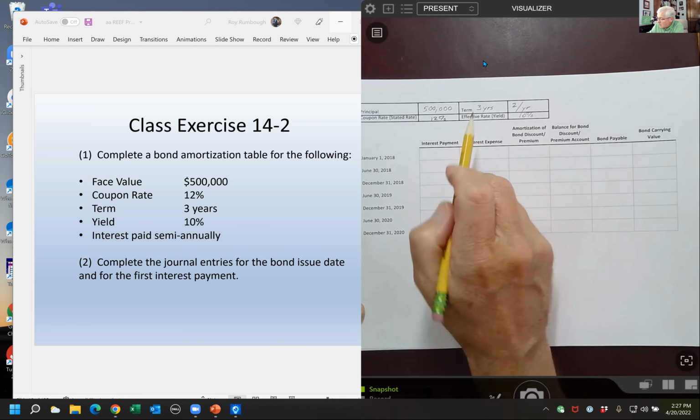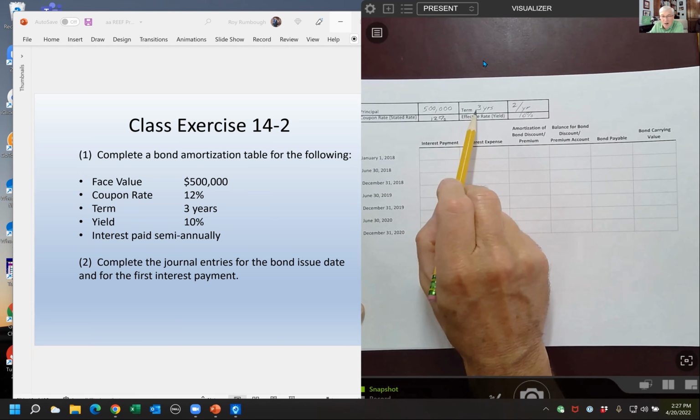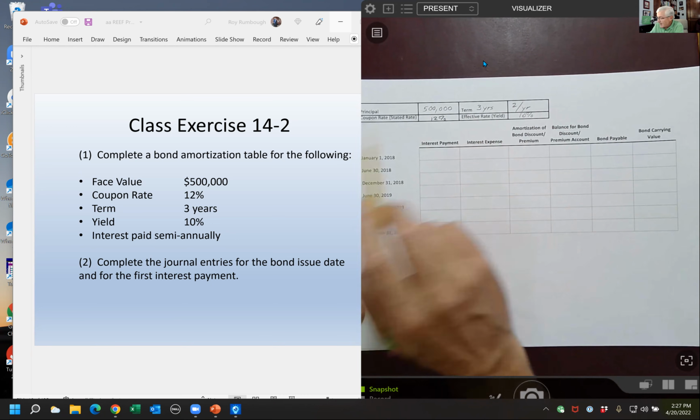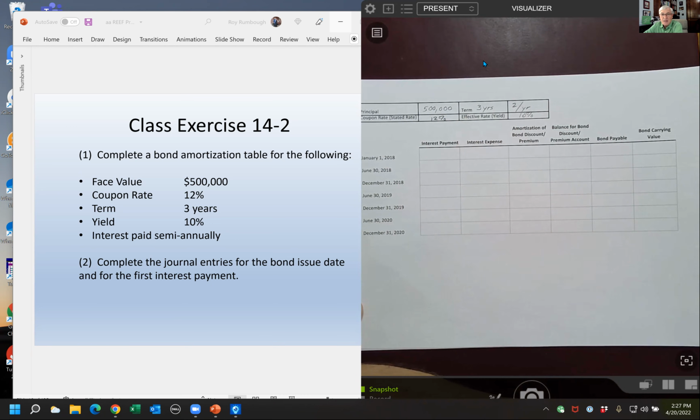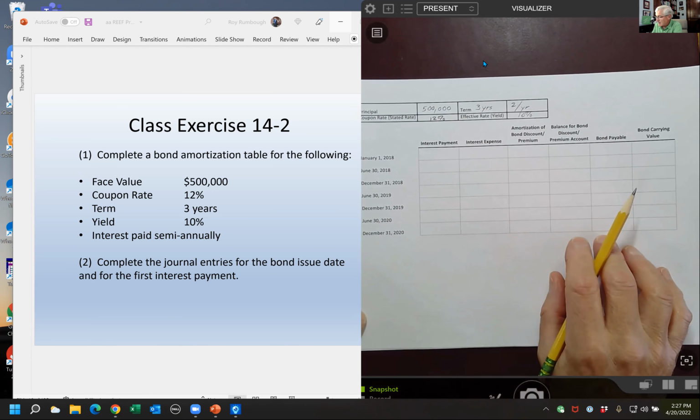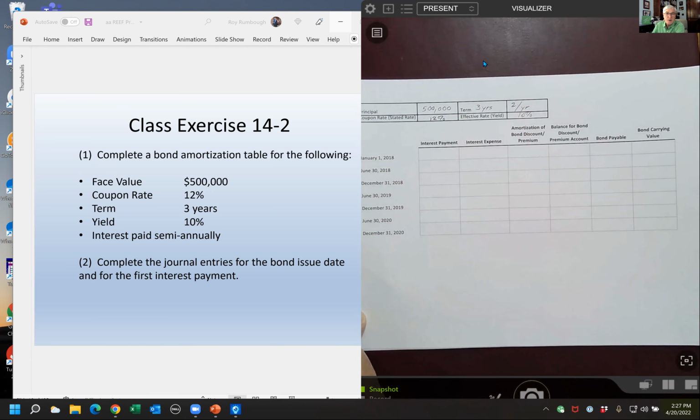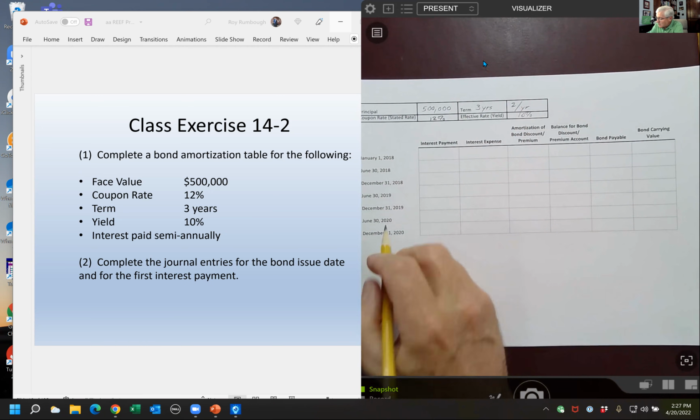Now remember, we're going to go calculate our present value, but N is going to equal 3 times 2, 6, and I is going to be 10% divided by 2, 5%, because it's compounded twice per year. All right. So we get 2 present values.